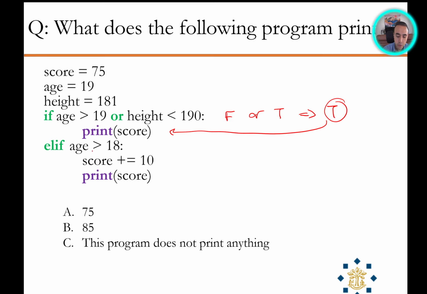We don't really check this part because it has else if. This was true, and else if requires all the previous ifs to be false, but that's not the case here, so we skip that. We only print the score, which is 75.